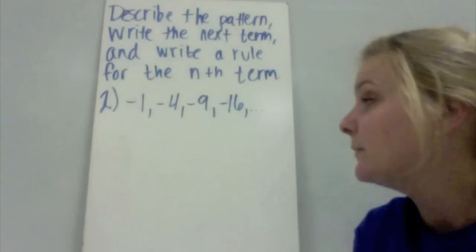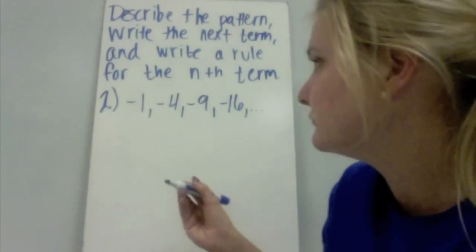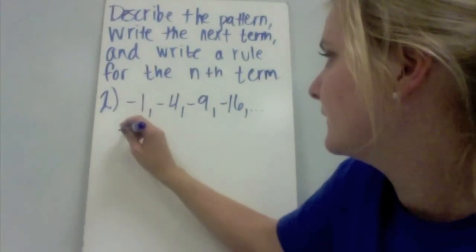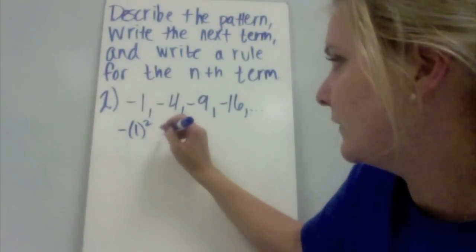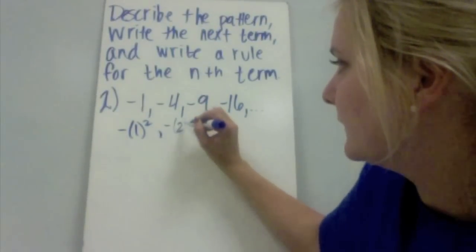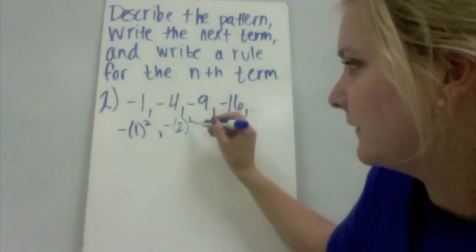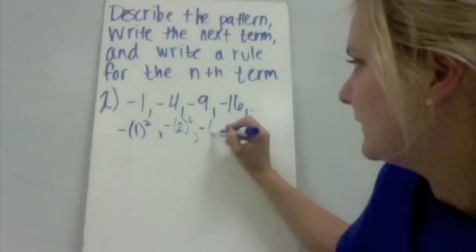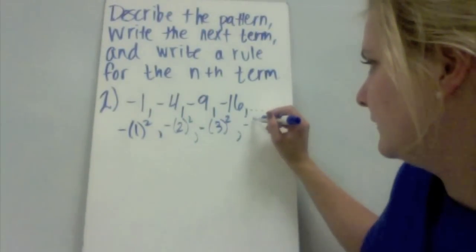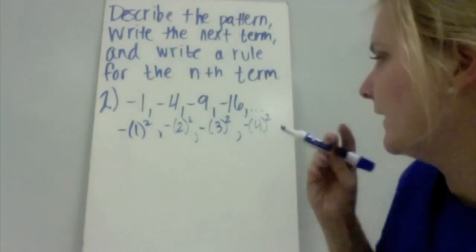So another way we could also take a look at this is I can rewrite this term as negative 1 squared. I can rewrite the next one as 2 in parentheses squared, which is negative. The next one, 3 squared, but it's negative. And the next one, 4 squared, but it's negative.